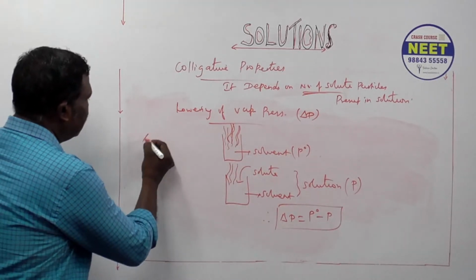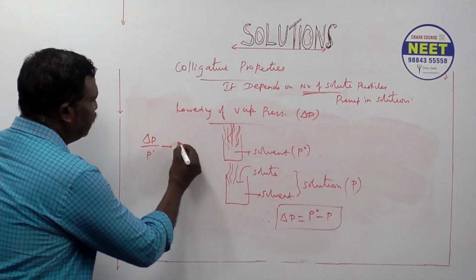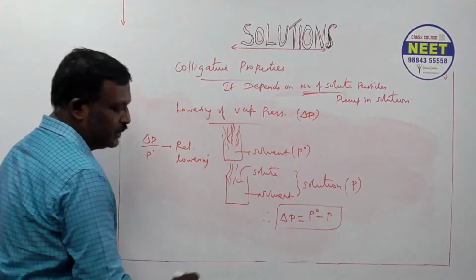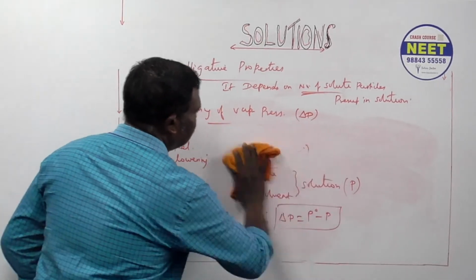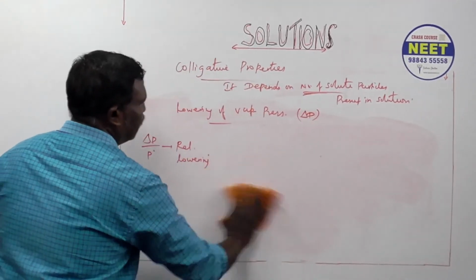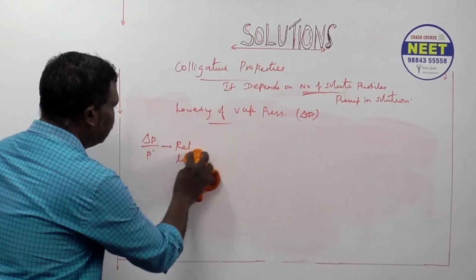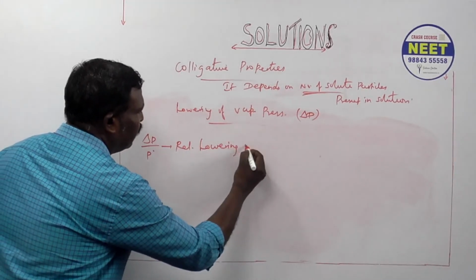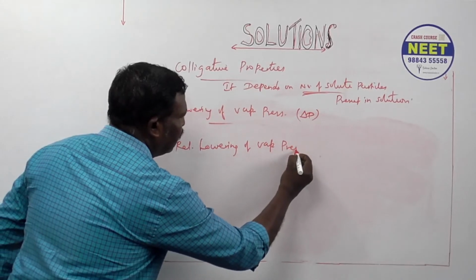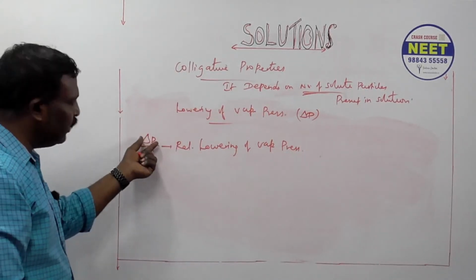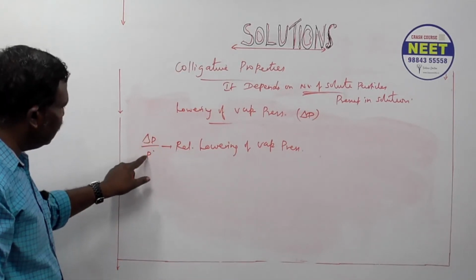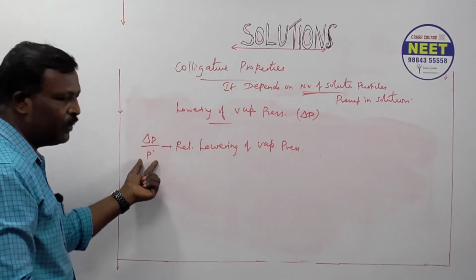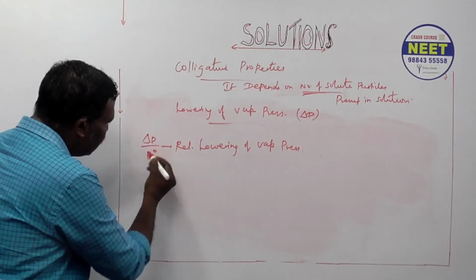Then another one, del P by P naught. This is nothing but relative lowering of vapor pressure. It is the ratio of lowering of vapor pressure and vapor pressure of the solvent.